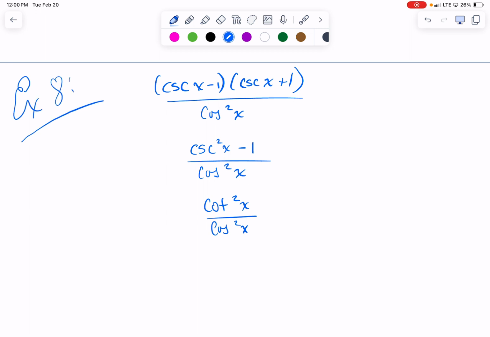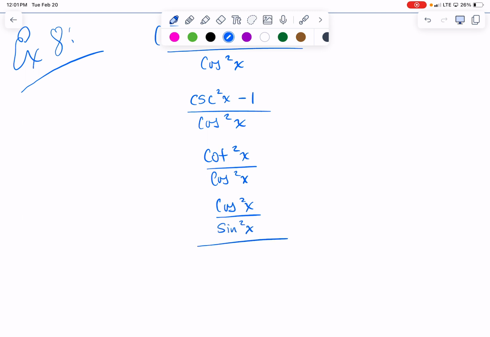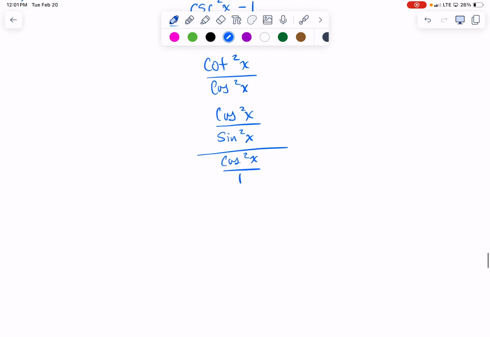So now what do I do? You can split the cotangent up into cosine over sine, right? And then you can multiply times cosine. Right? Now we flip and multiply.